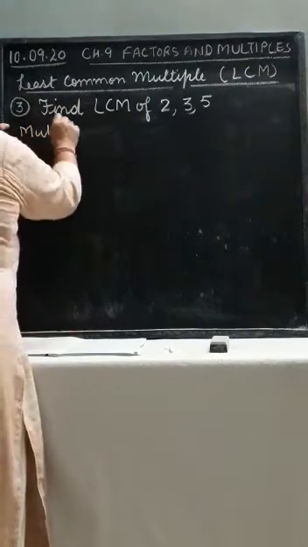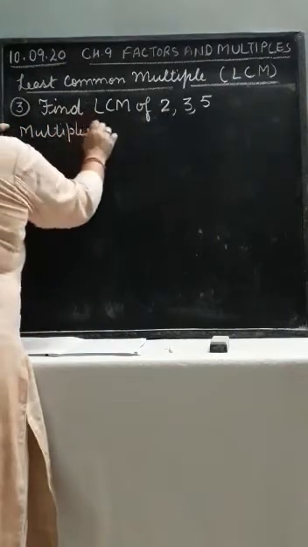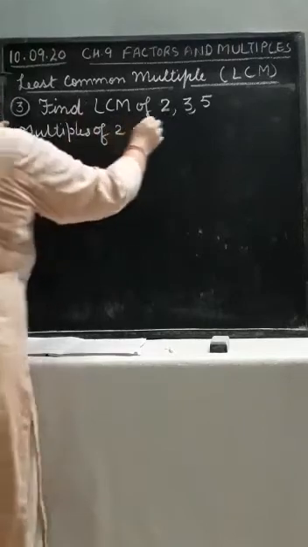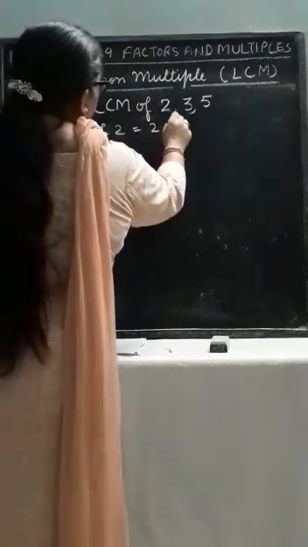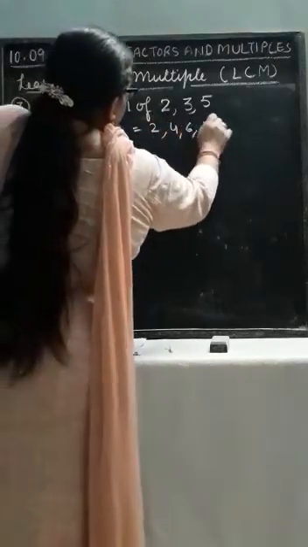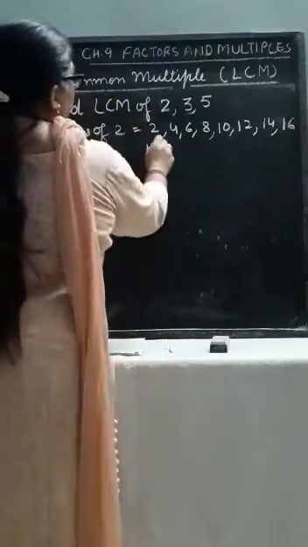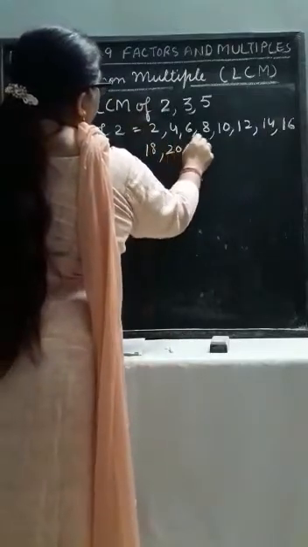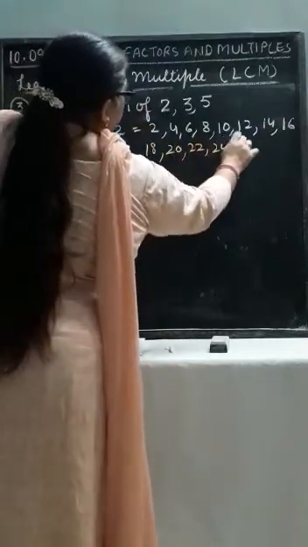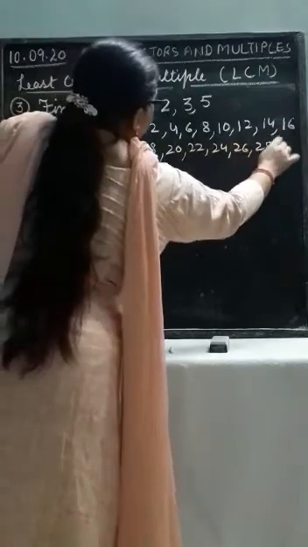Multiples of 2. 2, 4, 6, 8, 10, 12, 14, 16, 18, 20, 22, 24, 26, 28, 30 and so on.